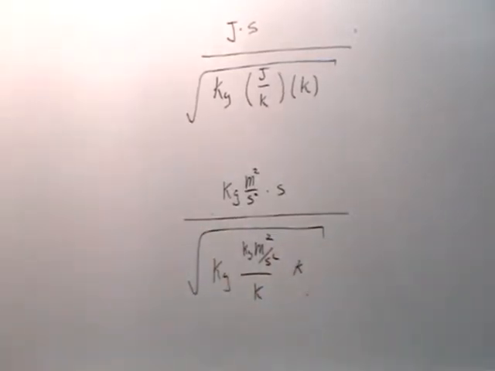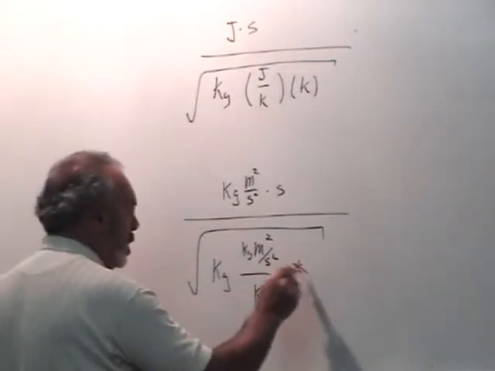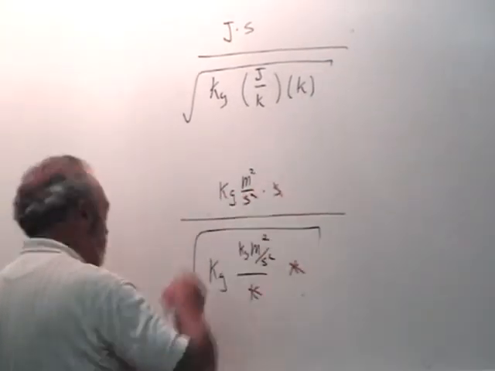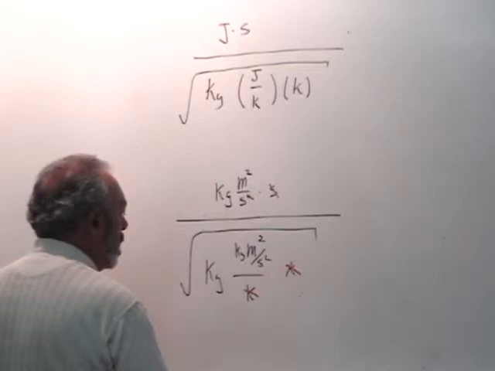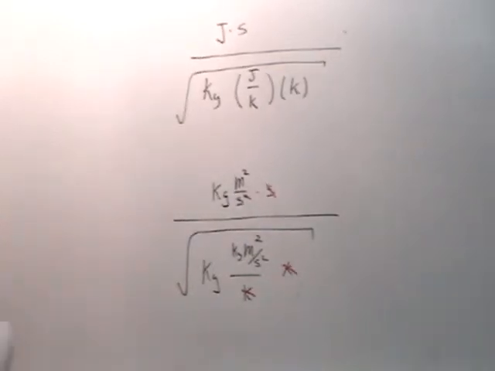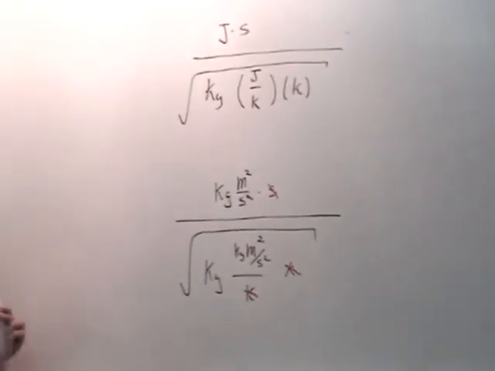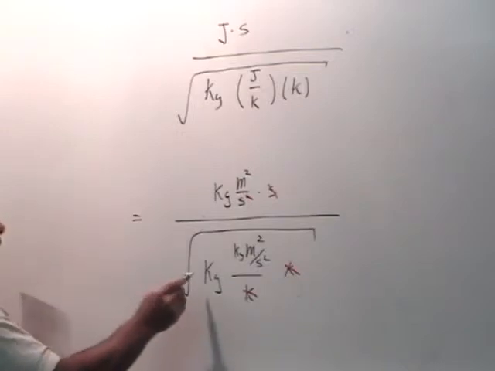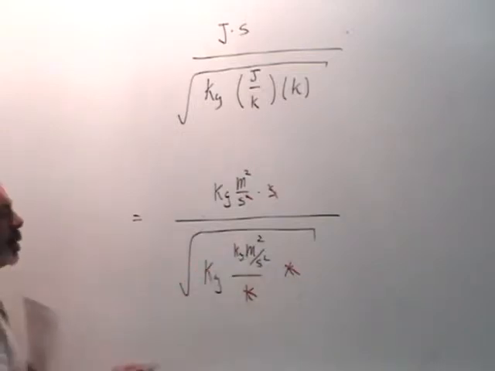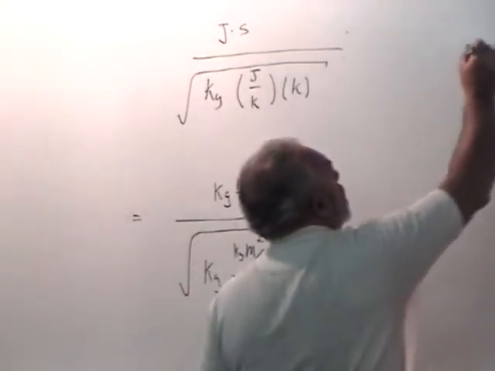So a few things go away. The kelvins go away. One of these seconds goes away. And I think you can see that it is kg squared meters squared per second squared under the radical.